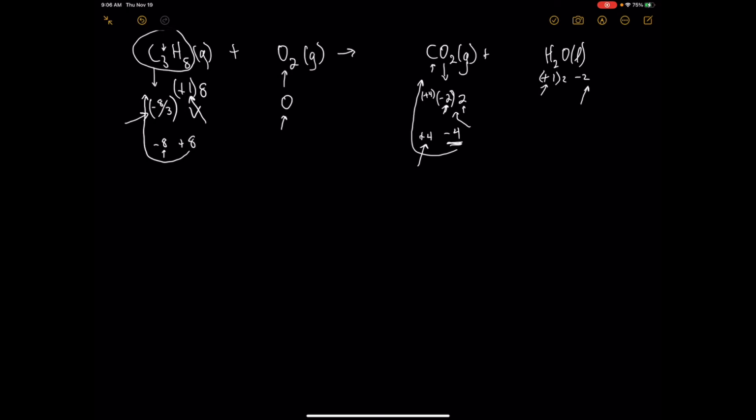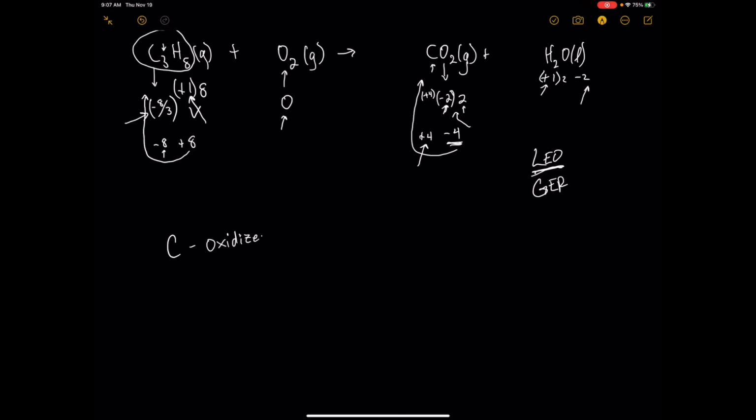So if it is becoming more positive, that means it's losing electrons. And again, LEO says GER, if it loses electrons, okay, if it becomes more positive because those negative charges are leaving, it is oxidation.